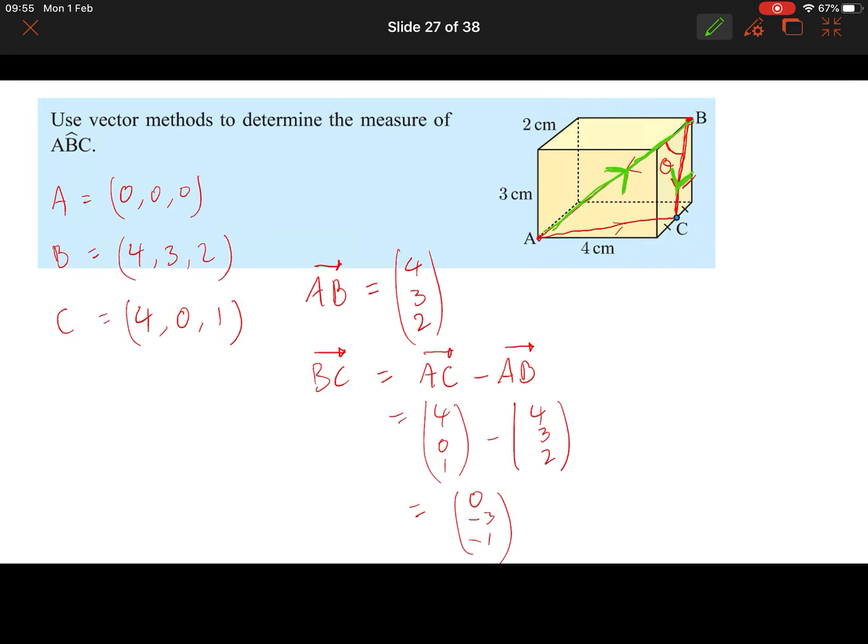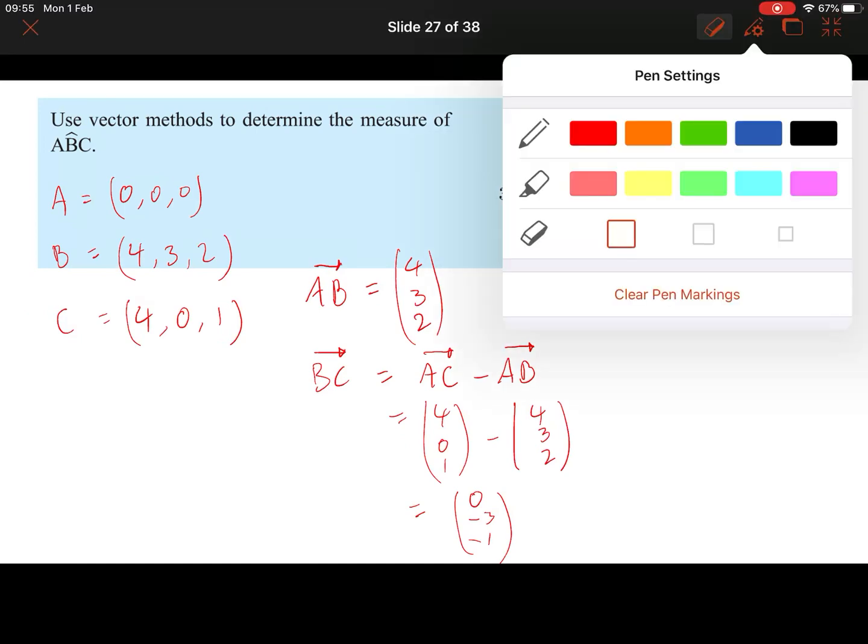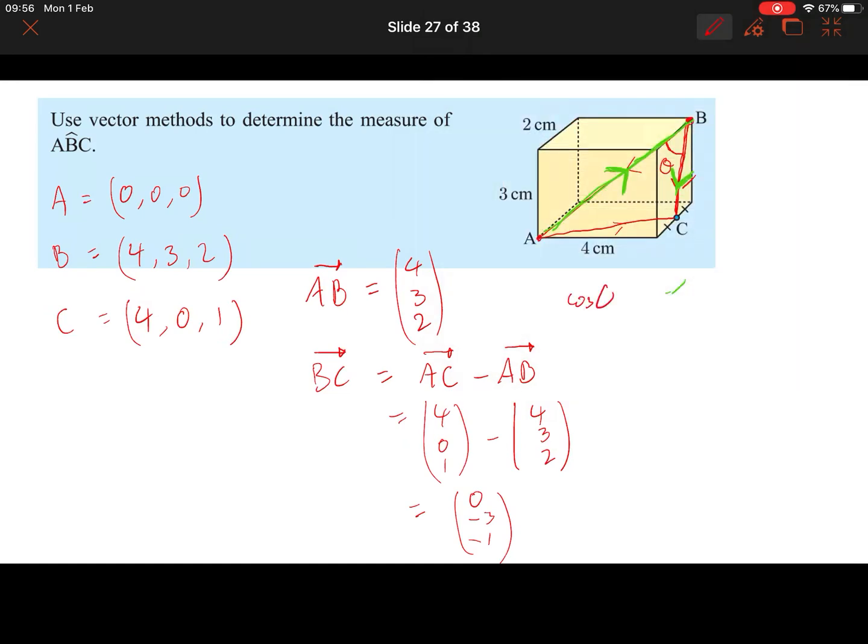The reason I think that, though I might be wrong, is that A to B and B to C are going in the wrong directions. They're not both going towards the point B. So what I'm really finding is this angle here, because that is where the arrows are both going away from that point, and it's going to be the obtuse one. But once I find it, I can just do 180 minus my answer, and that will give me the acute angle. So let's try it.